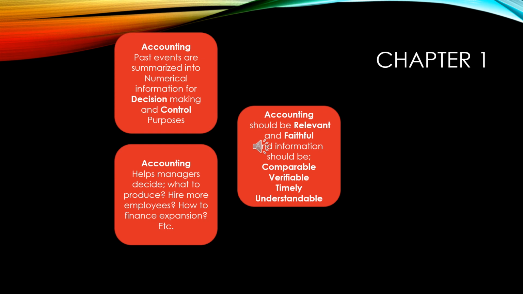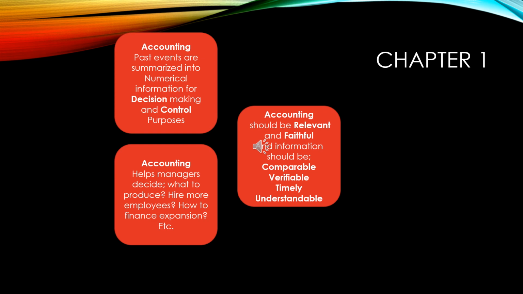Let's have a look at the first chapter in the book. This chapter defines accounting as past events that are being summarized into numerical information. So the accounting takes the different actions and converts them into numerical information.